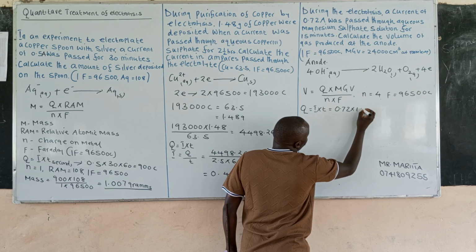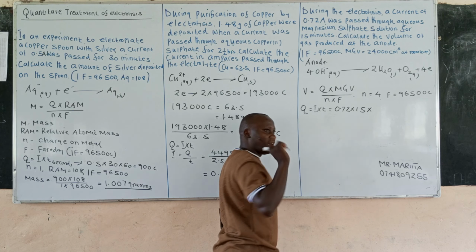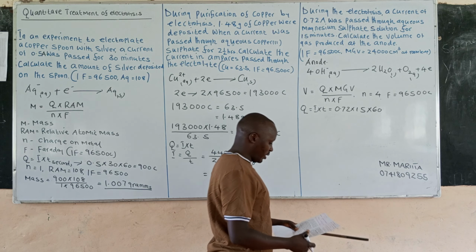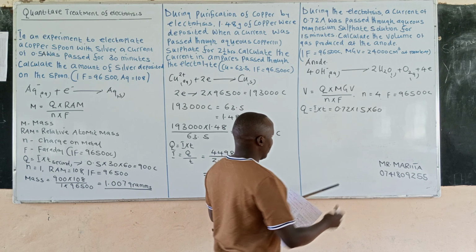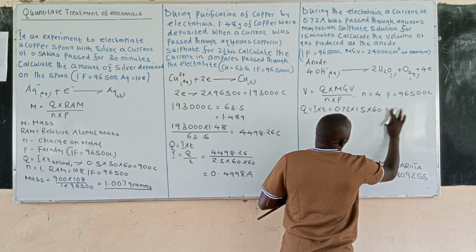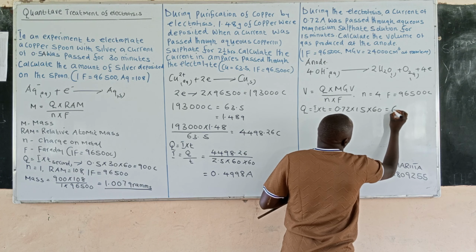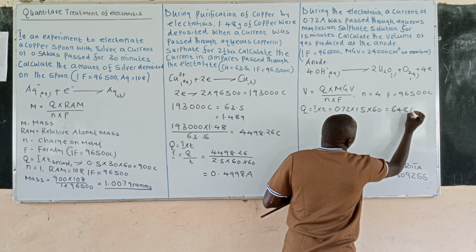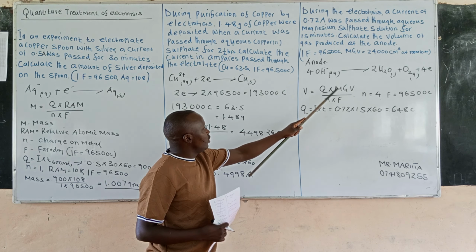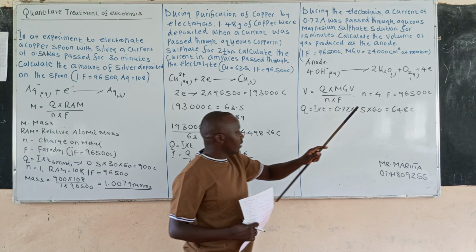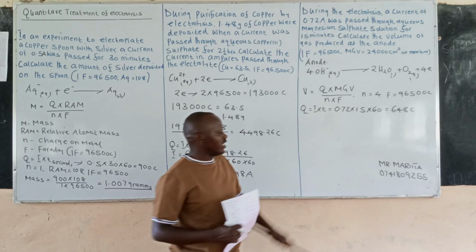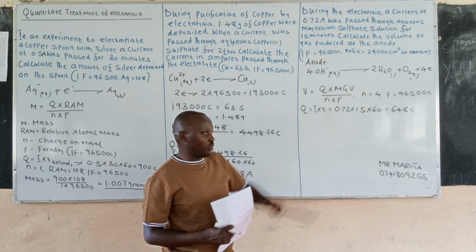The 15 minutes must be converted into seconds, so we multiply by 60, and that gives us 648 coulombs. So we have everything there: the molar gas volume as 24,000 at room temperature, Faraday constant 96,500, then n as 4.